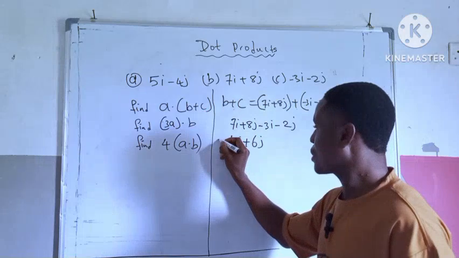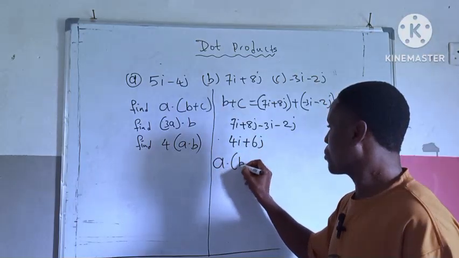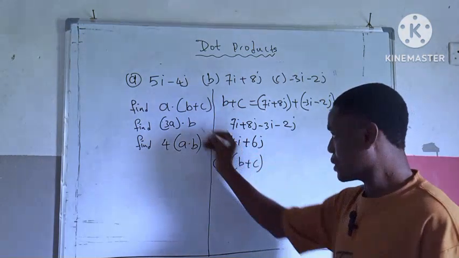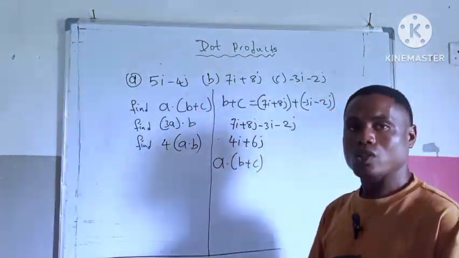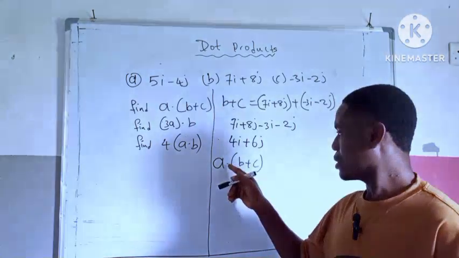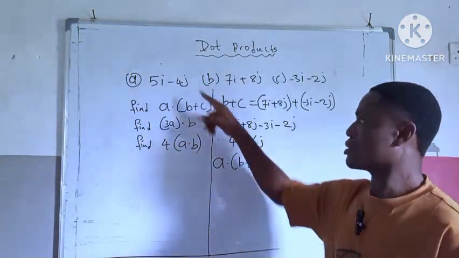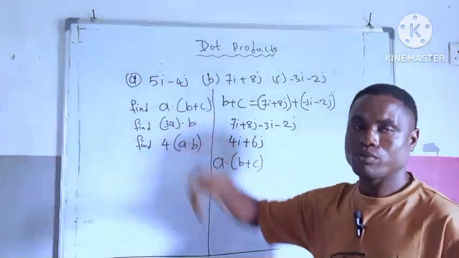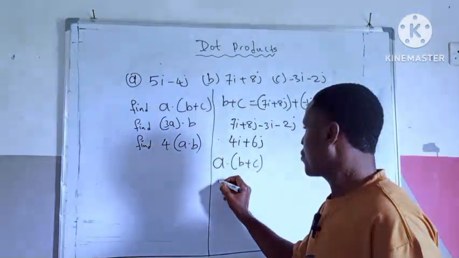So now we have a dot b plus c. This is the equation now. The next thing to do is to find the dot product, because there is a dot now. The value of a is 5i minus 4j.